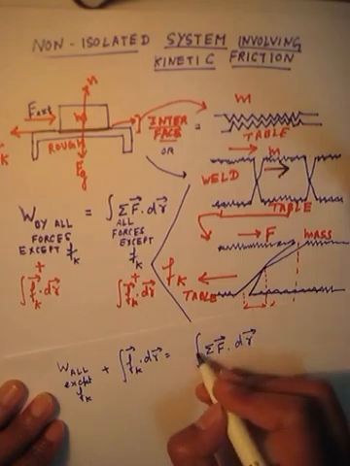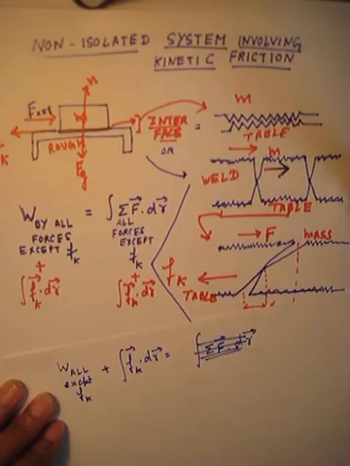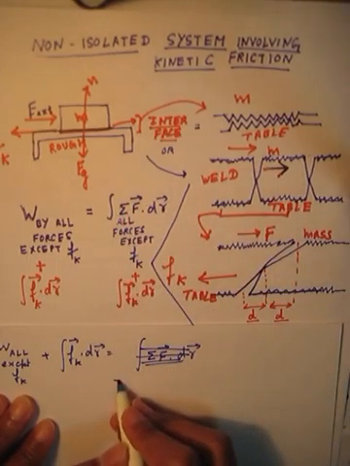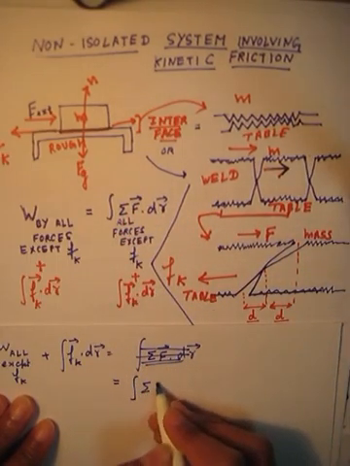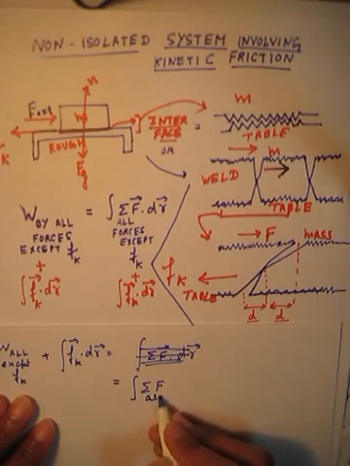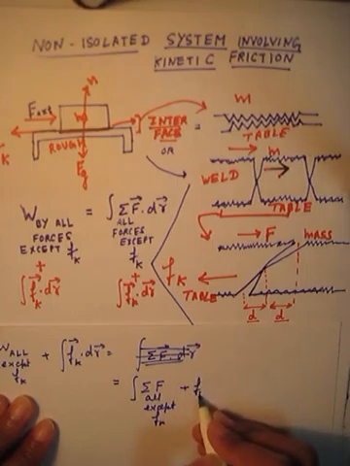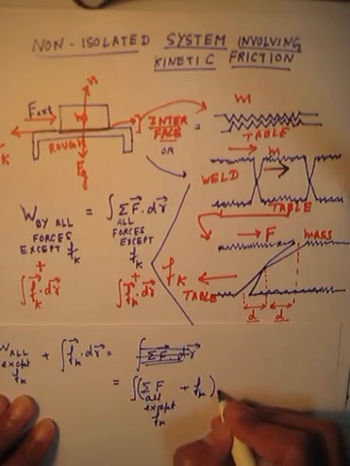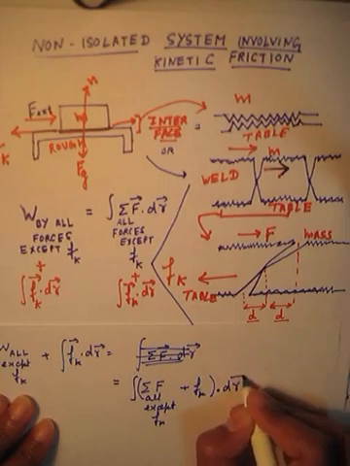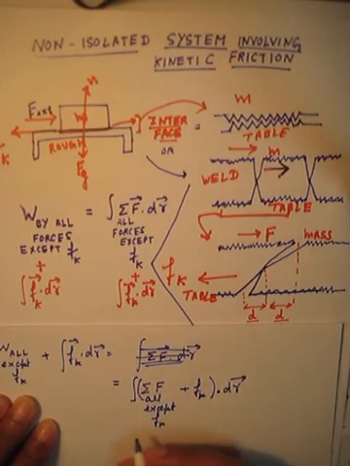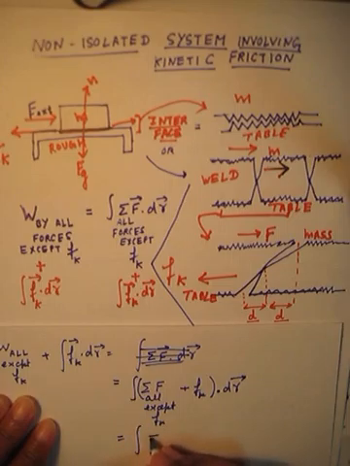Let me write it in two steps. We can take these two forces together, and it will turn out to be all except friction plus friction dot displacement vector. So all except friction plus friction will mean all the forces.